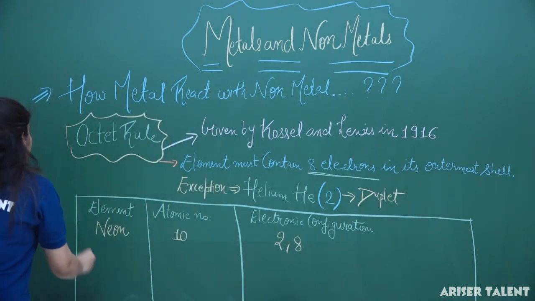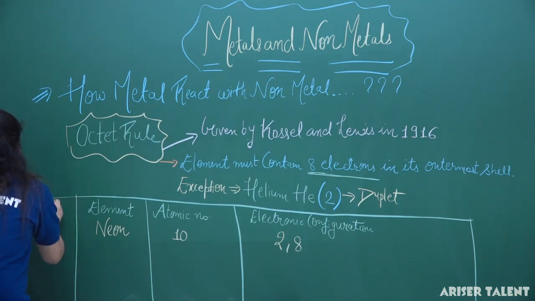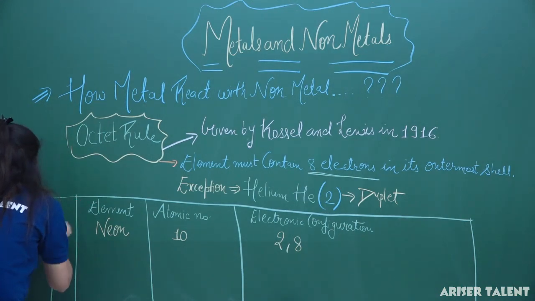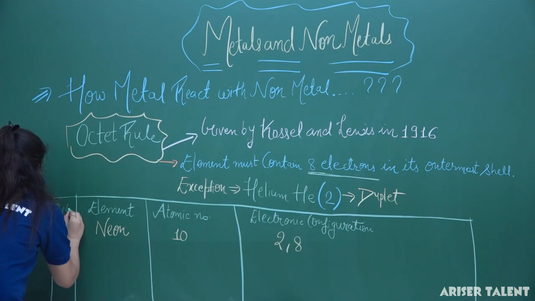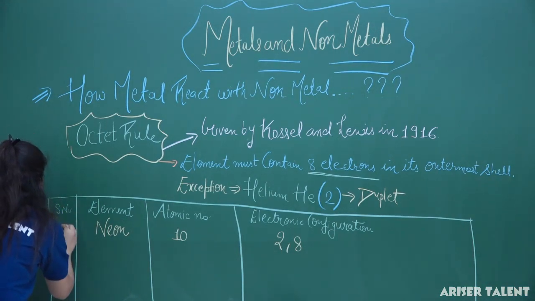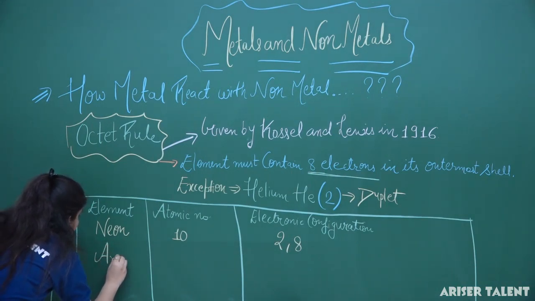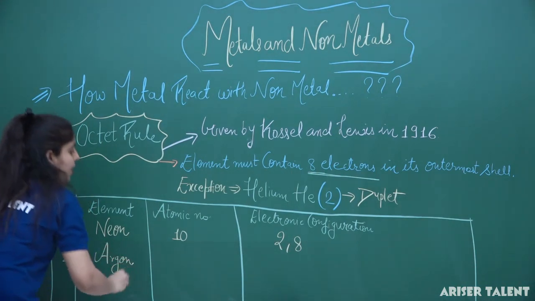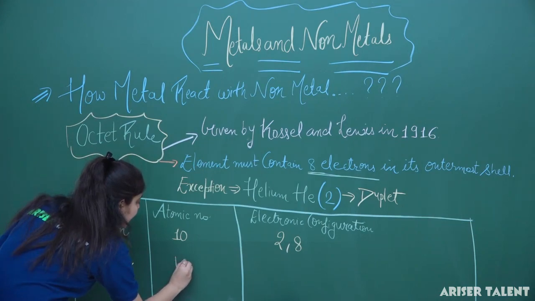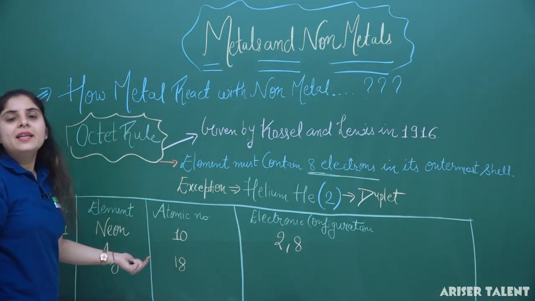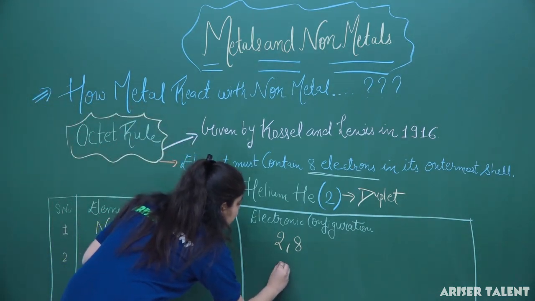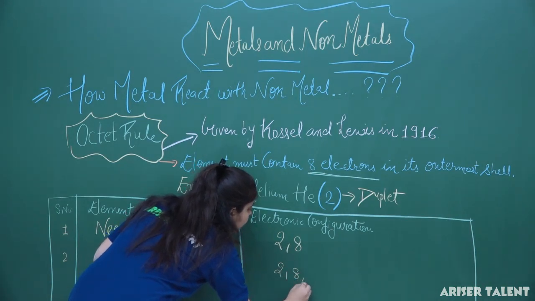The second example we have considered here is argon. Argon has atomic number 18 and its electronic configuration is 2, 8, 8.